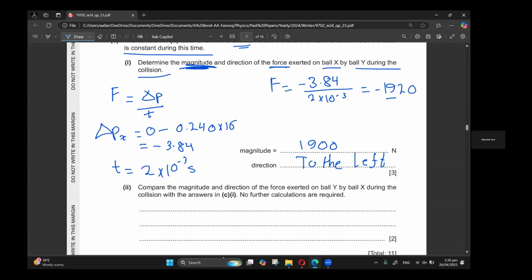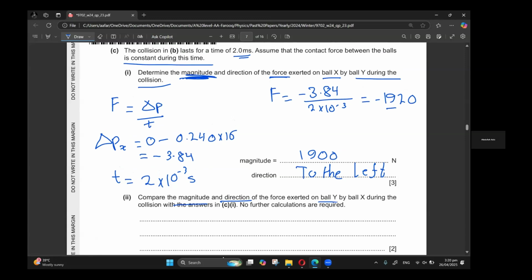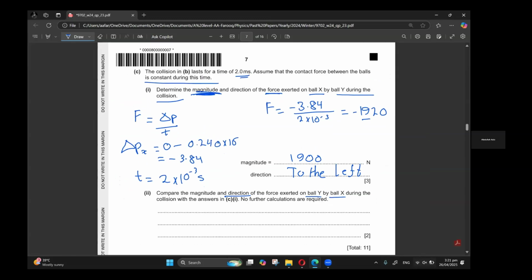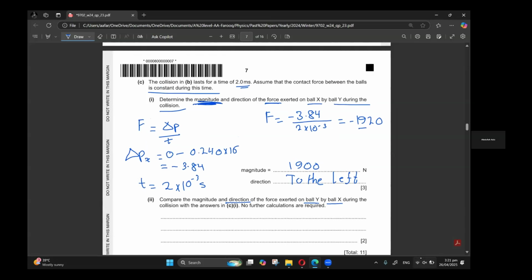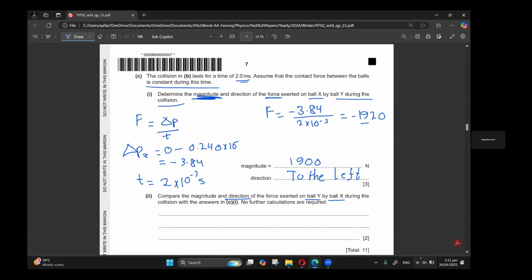Compare the magnitude and direction of the force exerted on ball Y by ball X during the collision with your answers. For the magnitude and direction of the force: since the momentum is conserved, the same momentum must have been transferred to Y. So the resultant force remains the same.